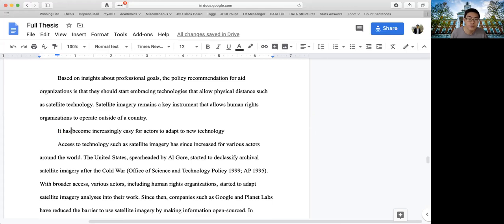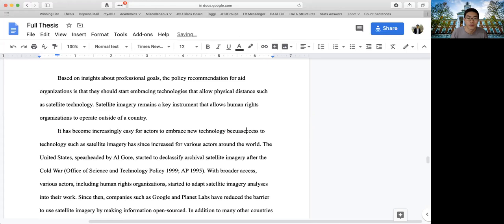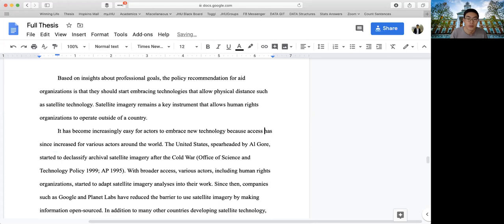It has become increasingly easy for actors to embrace new technology, because access has increased.